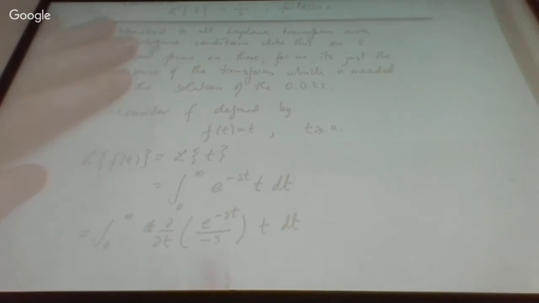When you carry out that differentiation, you get back to e to the minus st. So we can then use integration by parts to say that this is the product of these two functions, t times e to the minus st over minus s, evaluated at t equals 0, t equals infinity.